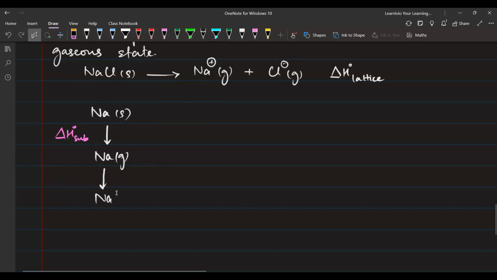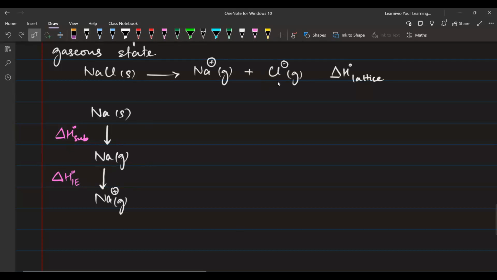We make sodium into sodium positive by removing an electron, and we can remove the electron only from a neutral gaseous atom. That will be defined as delta H naught ionization enthalpy.